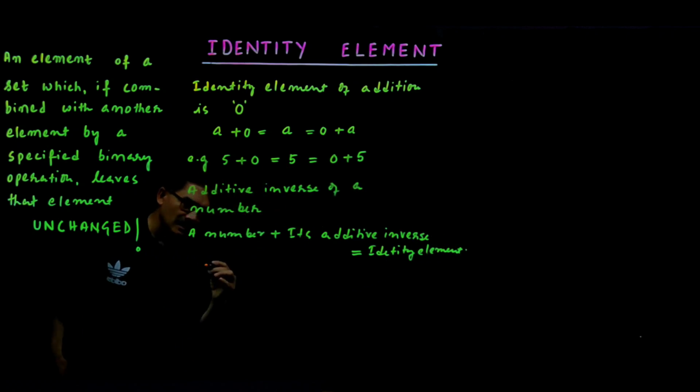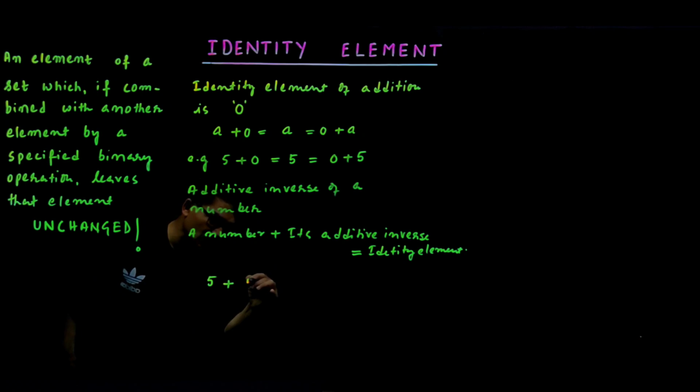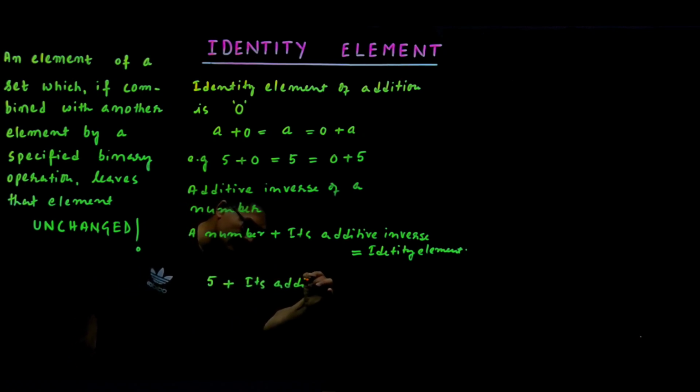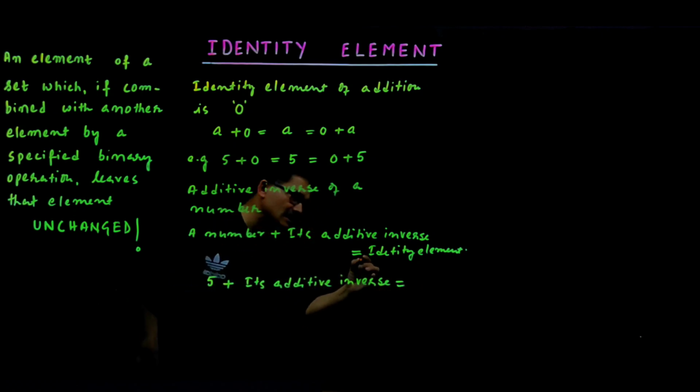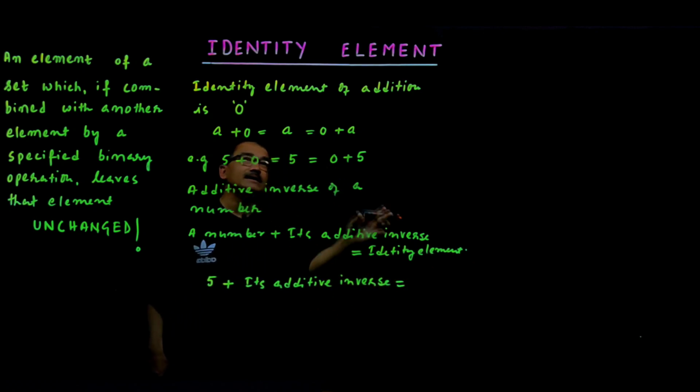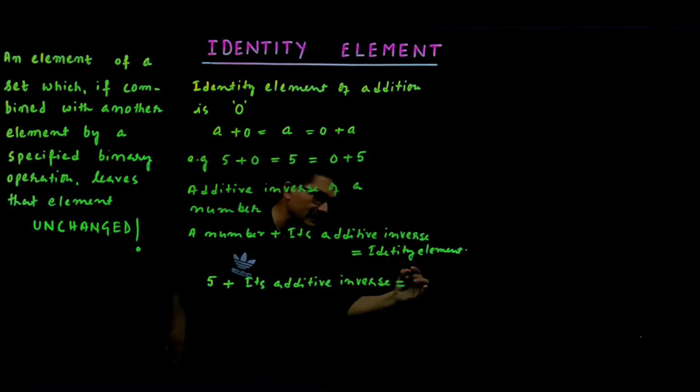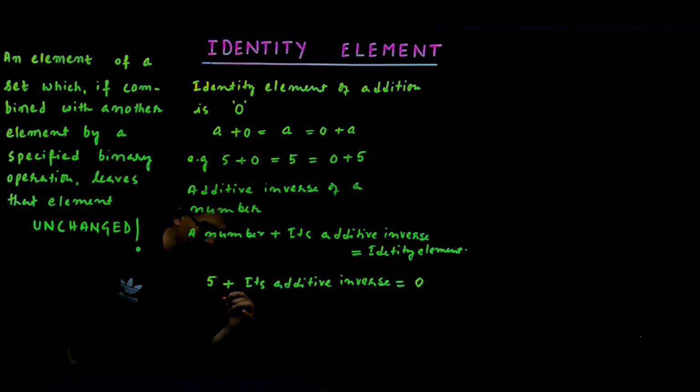It means if there is a number, say 5, when it is added to its additive inverse, then the result is going to be the identity element of addition, that is equal to 0.